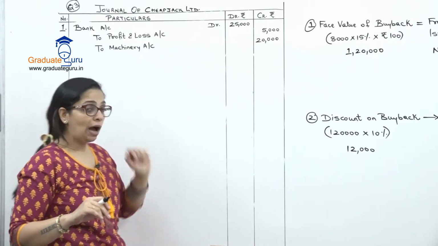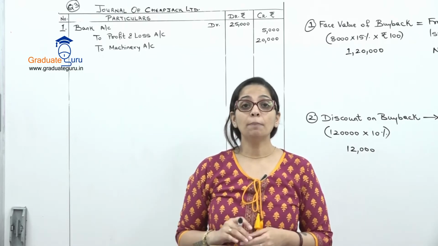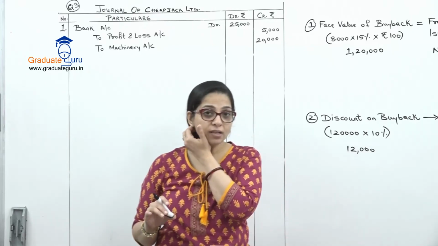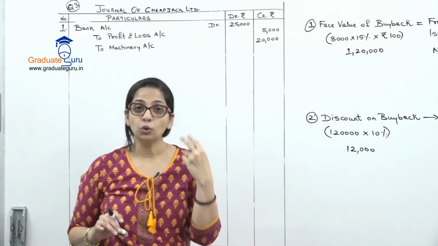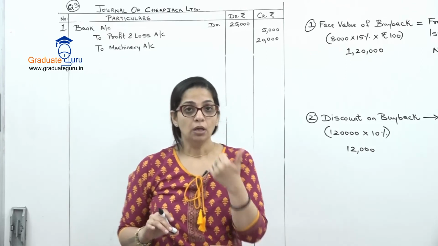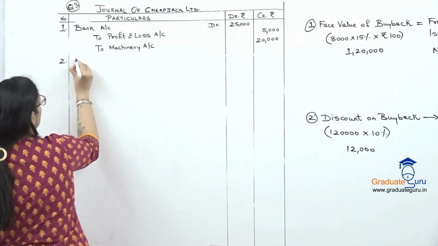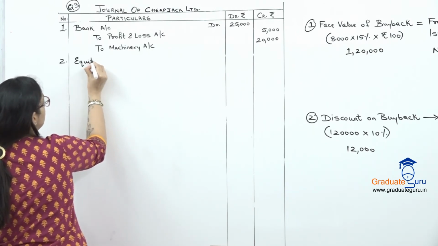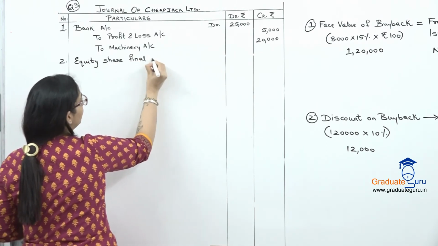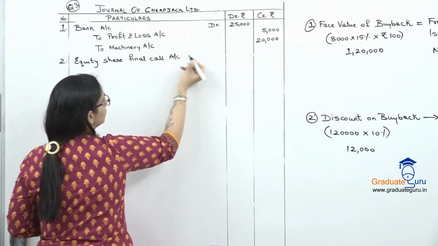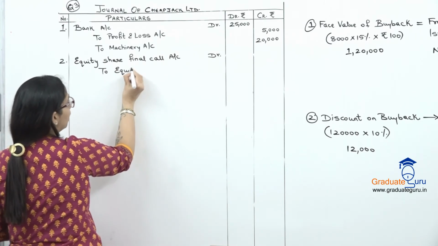Okay. Now, after this, when we read the sum, we read that the shares were partly paid. 100 rupees shares, but the paid amount was only 80. So, we have to take 20 rupees from the shareholders. So, let's pass our entries for the final call. Equity share final call account debit to equity share capital account.